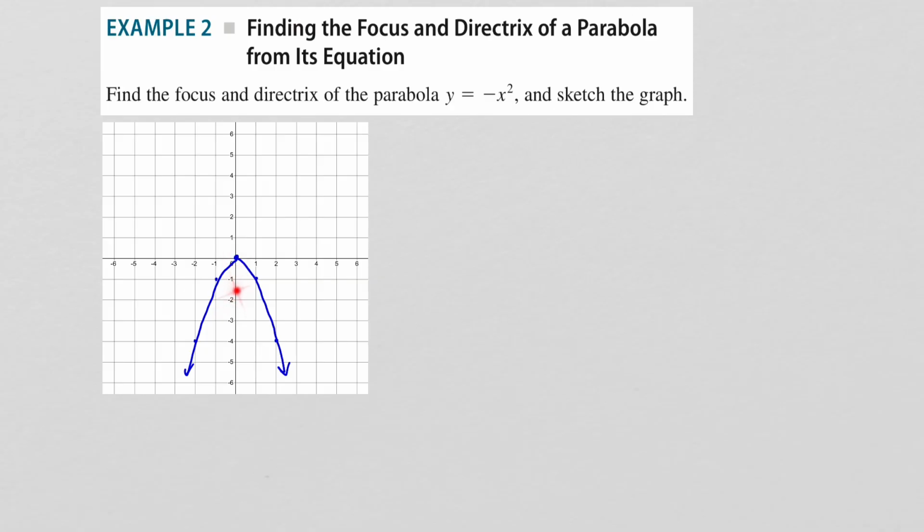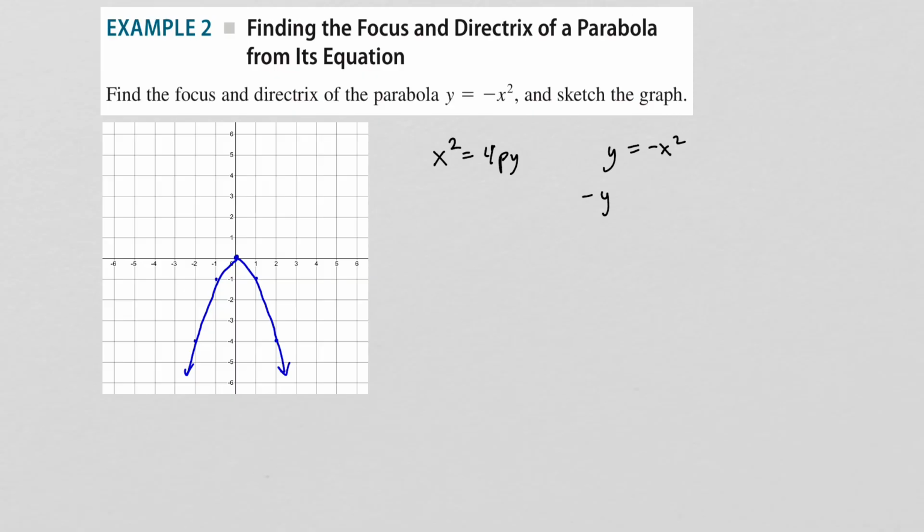But what about the focus and the directrix? We know the focus is somewhere in here, and we know the directrix is some kind of a line on the other side. Well, to figure this out, you have to remember that x squared equals 4p times y. This is the standard formula. And in this case, we have y equals negative x squared.